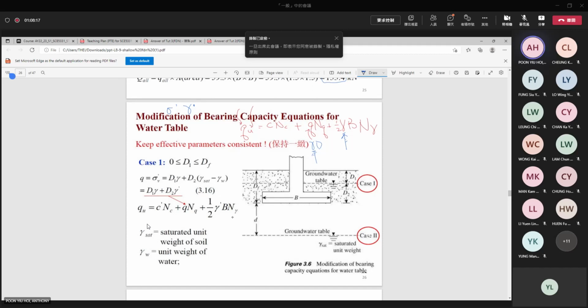So we actually have 3 cases. Case 1 is water is between here, right? So water is either here or here, okay? So what unit weight should I use for this term?